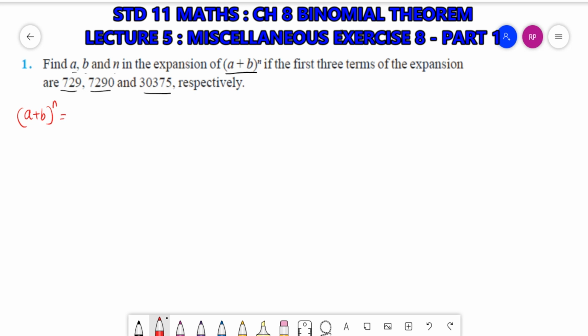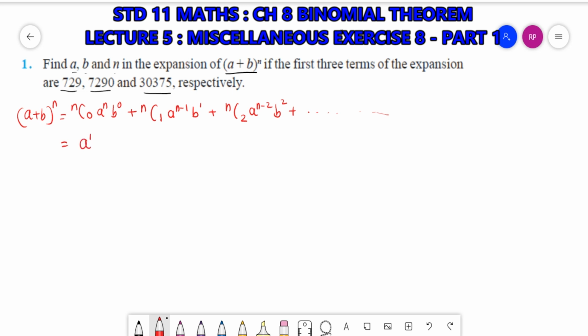Now when I solve it, I can use either the formula for the general term T(r+1), or I can simply write nC0 a raised to n minus 0, that is n, b raised to 0, plus nC1 a raised to n minus 1 b raised to 1, plus nC2 a raised to n minus 2 b square, plus dot dot, up to n plus 1 terms. nC0 we know is equal to 1.